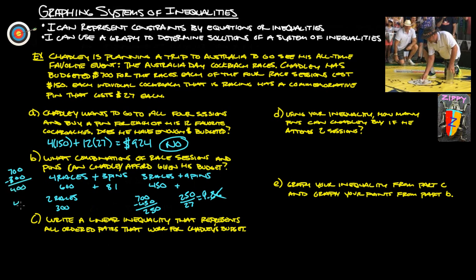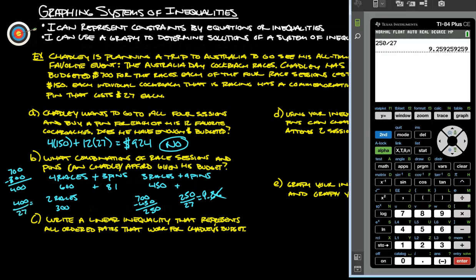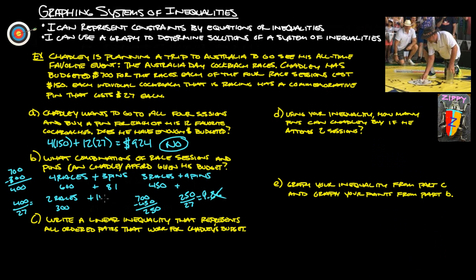We can take 400 and divide it by 27 to see how many pins he could get that way as well. 400 divided by 27 is 14.81 pins. So you could do 2 races plus 14 pins. Get rid of the 0.81.